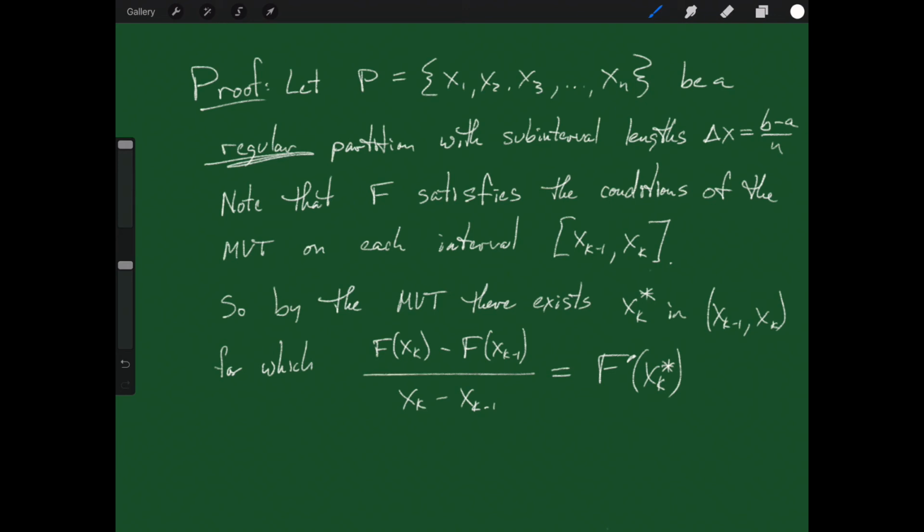So we've got this. This is true for every single interval.